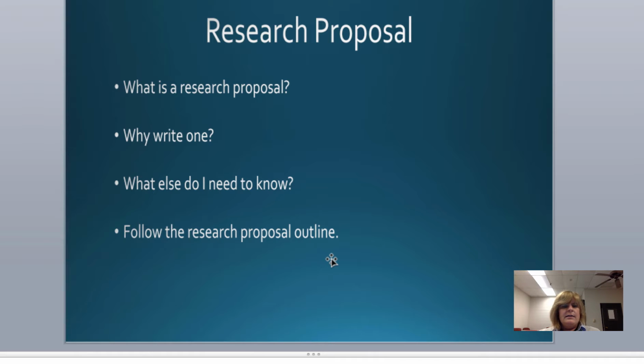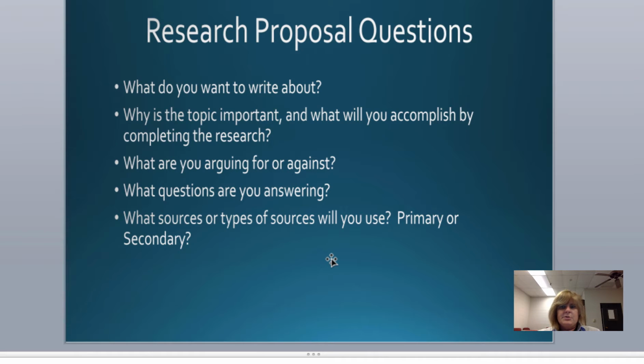And let's look then at the research proposal questions. Again, these are basically found on the sheet, but I do want to talk about them just a little bit. The questions that you need to address, of course: what do you want to write about? You're telling me what your topic is.